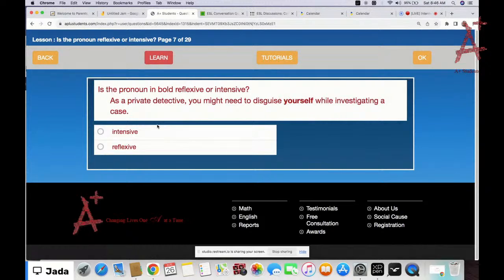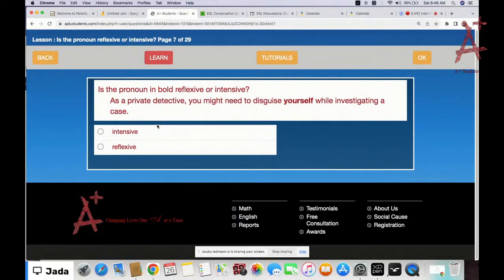Okay, what do you think? You might need to disguise themselves or ourselves. What do you think is going to be? So Patch says intensive. Patch, is it intensive for page 7? We may need to disguise ourselves.